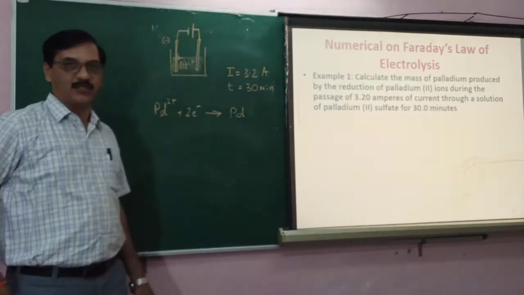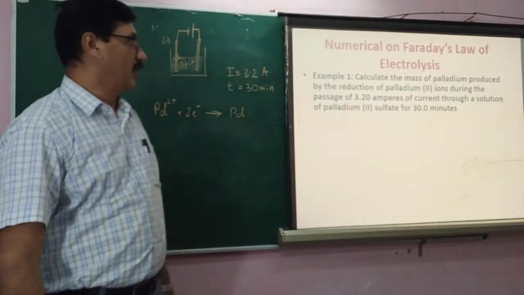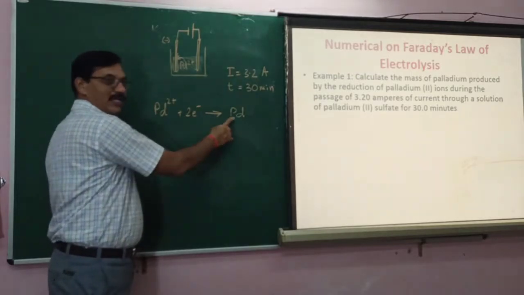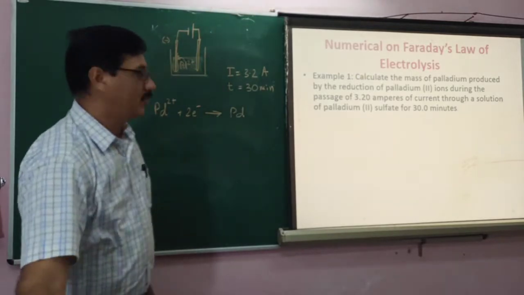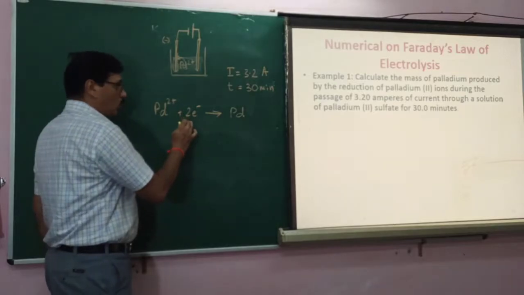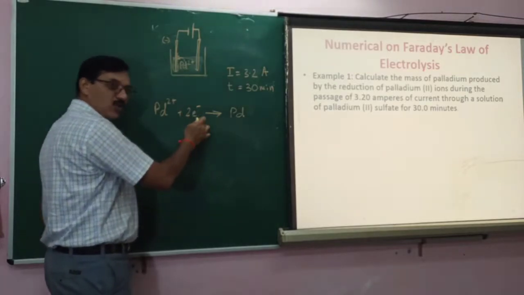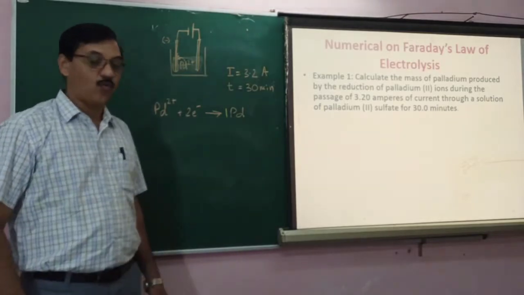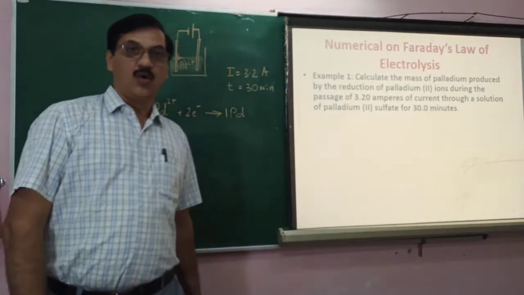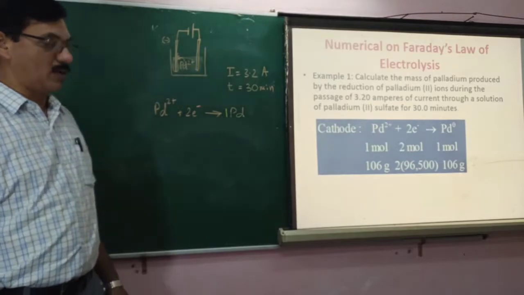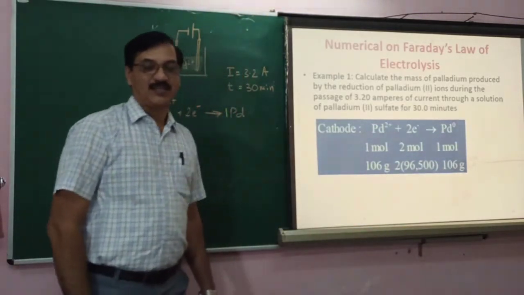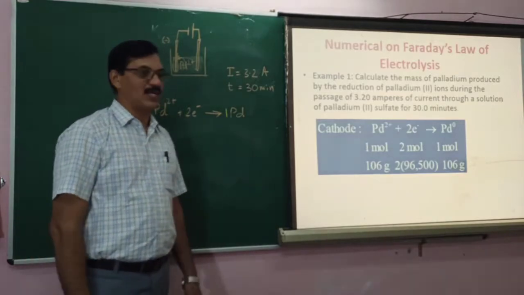This is the key equation to be remembered. So palladium 2 plus, gaining 2 electrons, will form palladium. Now 2 moles of electrons will give 1 mole of palladium. What is the molar mass of palladium? This is 106 grams per mole.